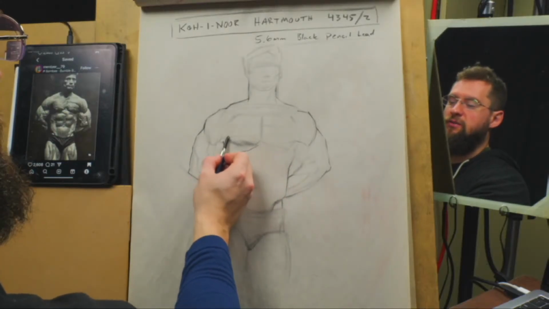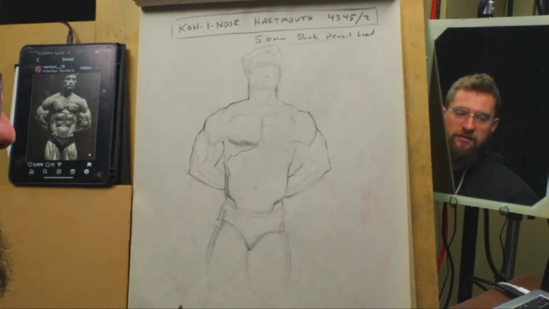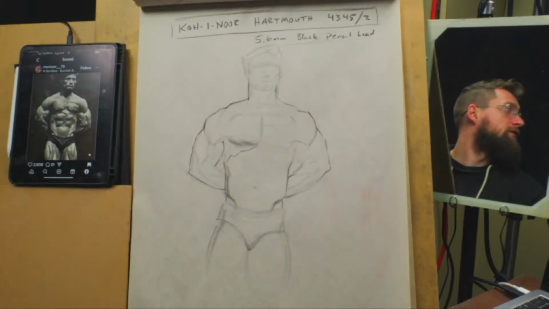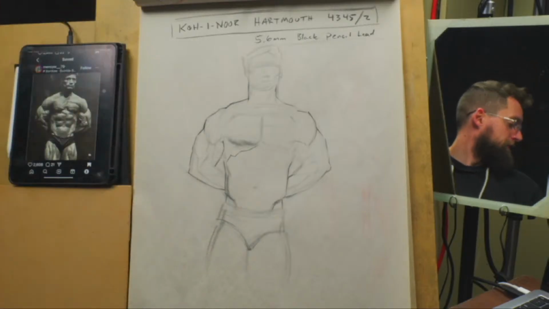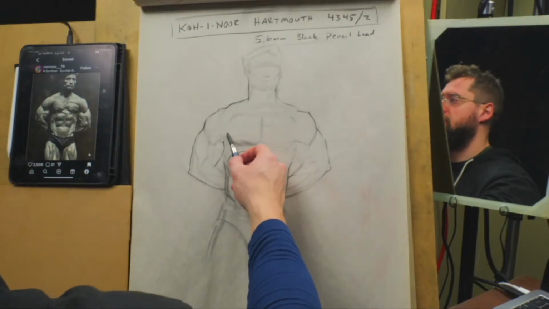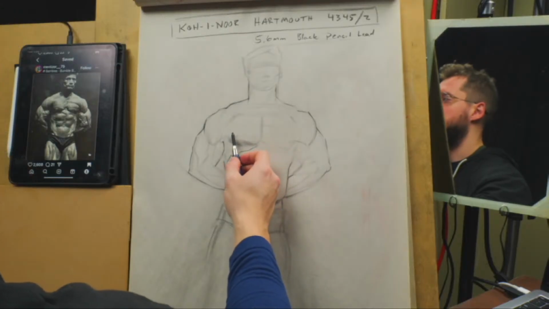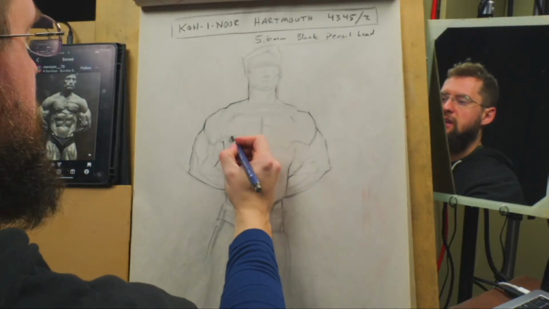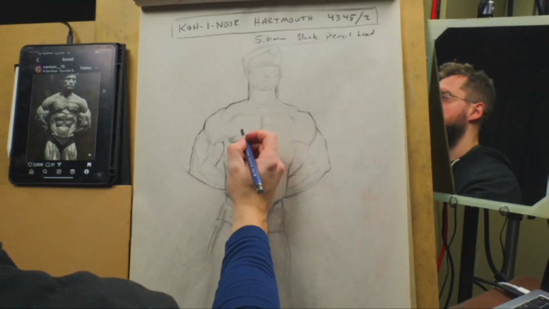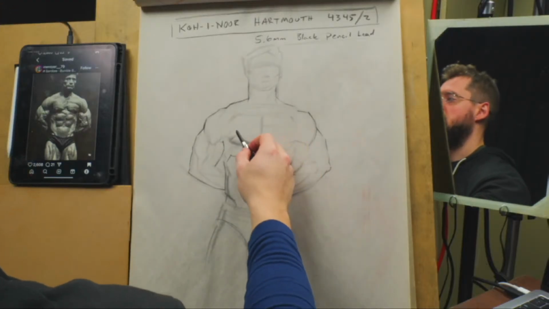I tried to do this with the lead, but I just didn't have as much success. But with this pencil, I just feel like it softens that line quite a bit, in a way that's quite pleasing. These cast shadow parts are going to be a little bit firmer of a line.